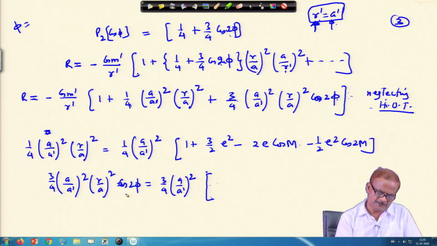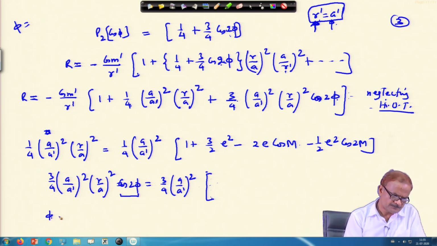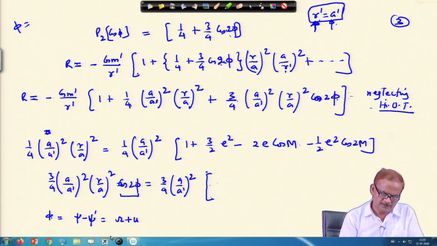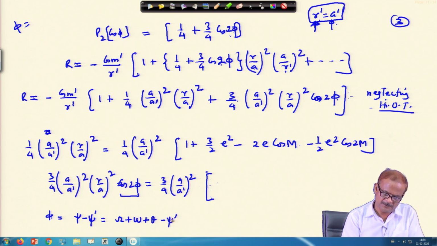So using this phi we can expand it. This phi is psi minus psi prime, and psi is how much? This is capital omega plus u, or capital omega plus small omega plus theta if we expand. So this will be capital omega plus small omega plus theta minus psi prime.